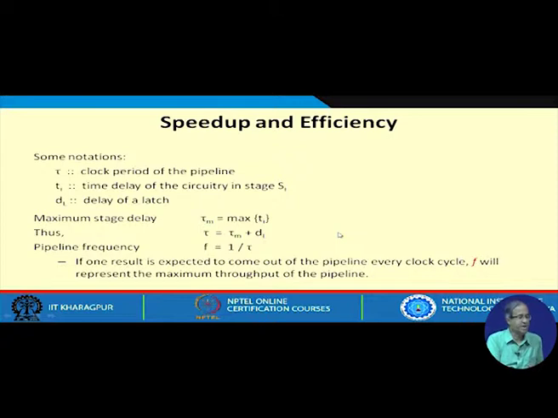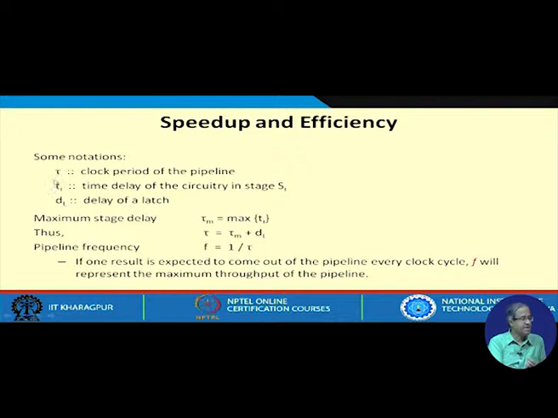So, let us make a quick calculation of how we can compute the speed up and efficiency of a pipeline. So, we define some notations. Tau is the clock period of the pipeline that we want to use.